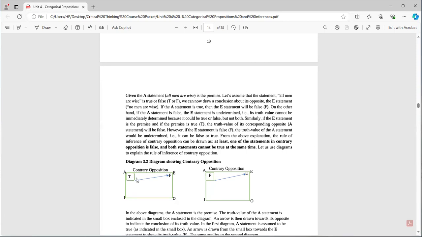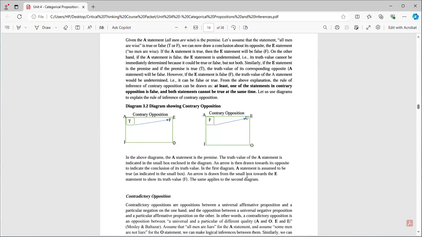If my premise is true, I draw an arrow pointing to my conclusion, and I put F against it. If my premise is false, I draw an arrow pointing to my conclusion. My conclusion is undetermined, because if the universal affirmative is false, the universal negative can also be false, but it can be true. Because we are getting two answers, we put U there, undetermined, for now.